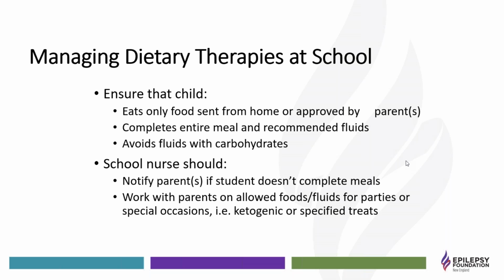We're trying to minimize the side effects of the ketogenic diet. Could potentially be ketoacidosis, which can become quite dangerous. Dehydration if they're not drinking enough fluids, things like that. So they have to eat what's given.